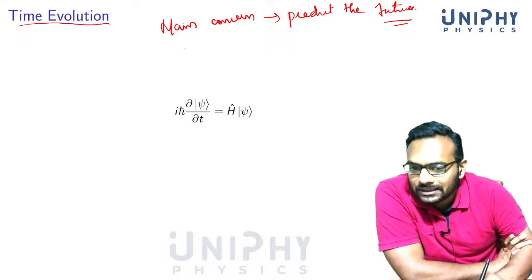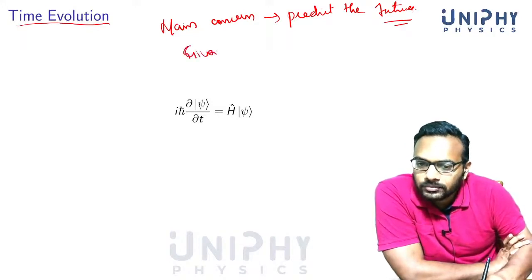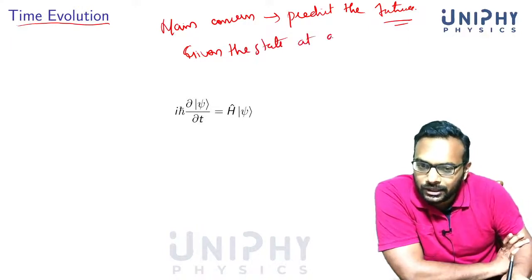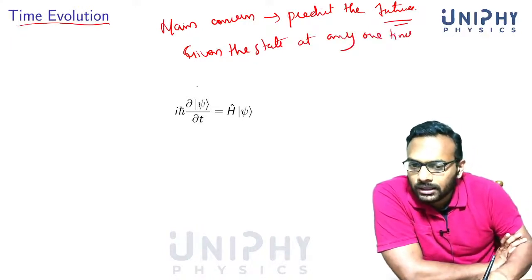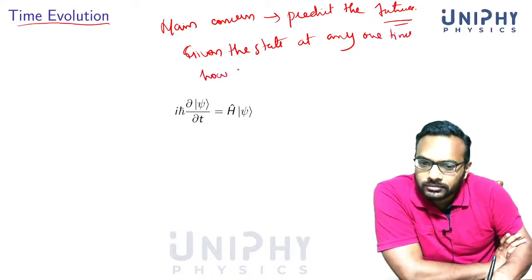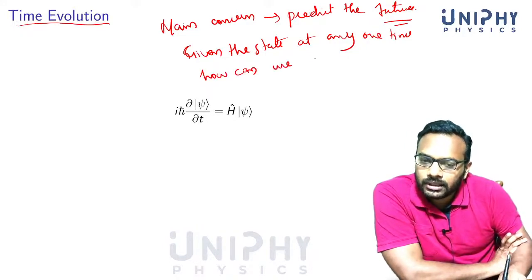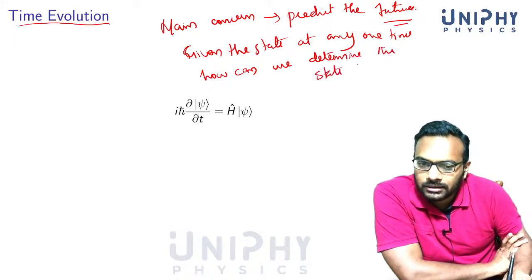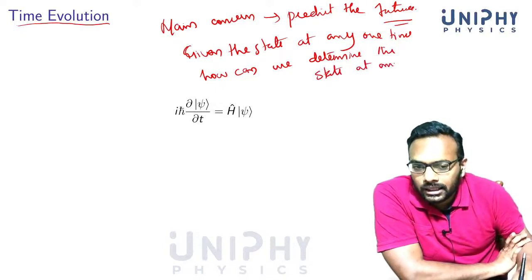So the question is this: given the state at any one time, how can we determine the state at any other time?